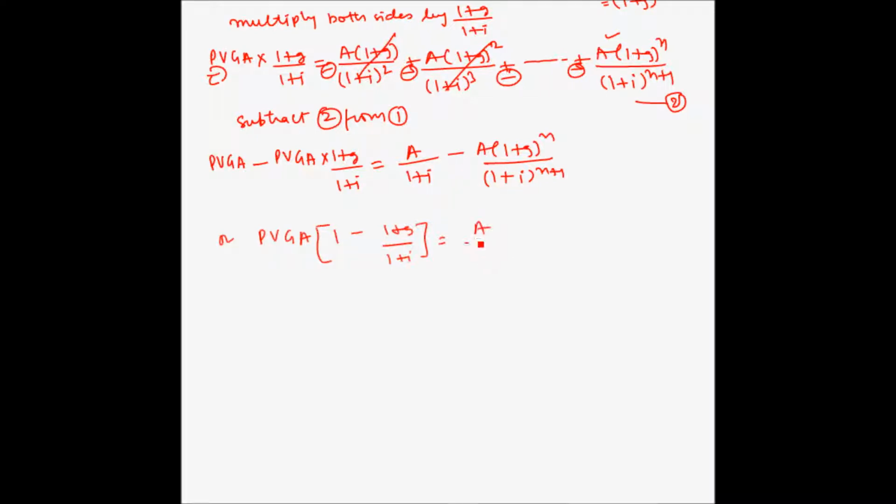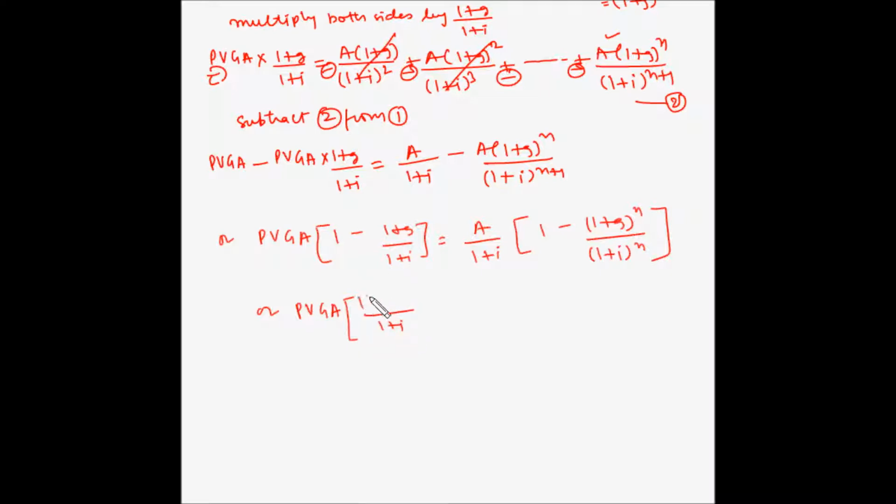So A divided by 1 plus i into bracket 1 minus 1 plus g to the power n divided by 1 plus i to the power n. Or present value of a growing annuity, let's take the LCM here as 1 plus i.